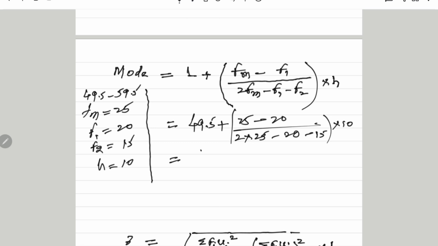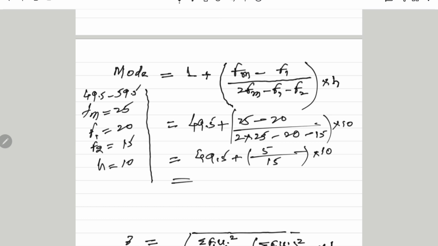Simplifying this calculation, we get 49.5 plus 25 minus 20, we get 5, 50 minus 35, we get that value as 15, and into 10.